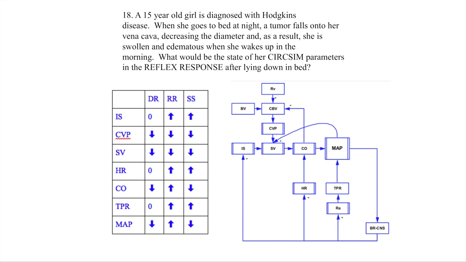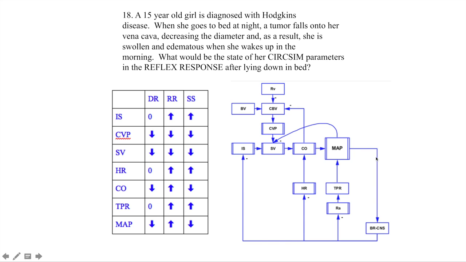And so that decreases stroke volume, that decreases cardiac output, that decreases mean arterial pressure, and we have no change in heart rate, no change in total peripheral resistance, and no change in inotropic state.